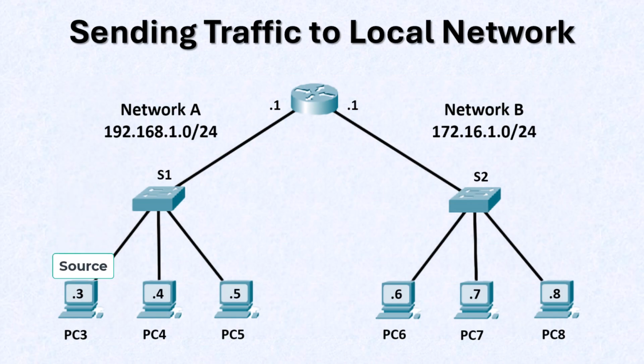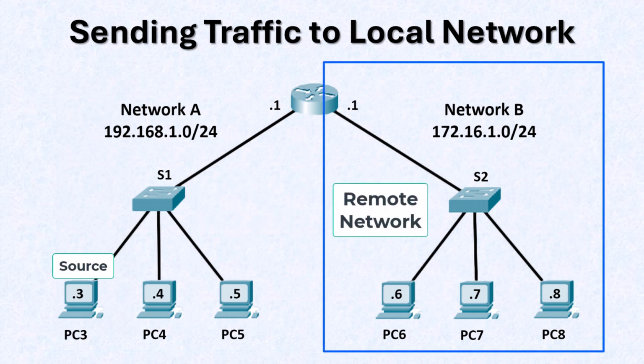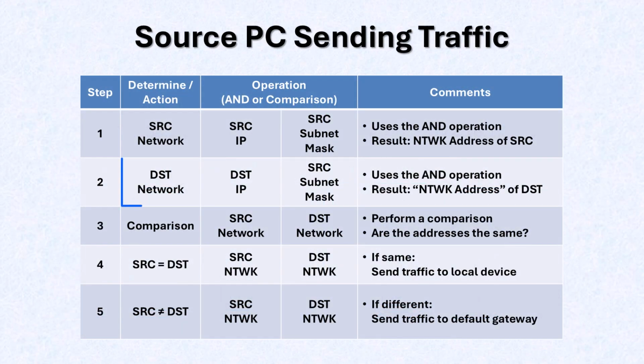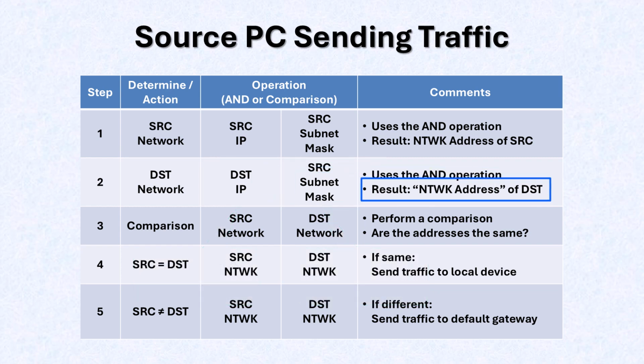Then it needs to determine if the destination device is in the local network or in a remote network. To do this, it will perform the same operation, but this time between the destination IP address and its subnet mask. The result is the perceived network address of the destination.